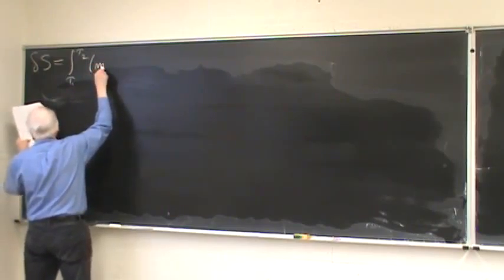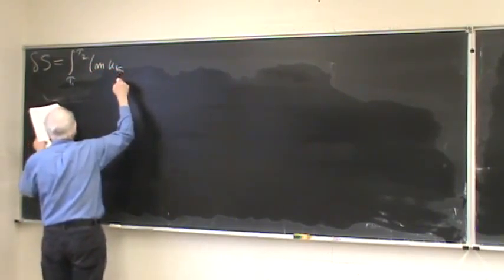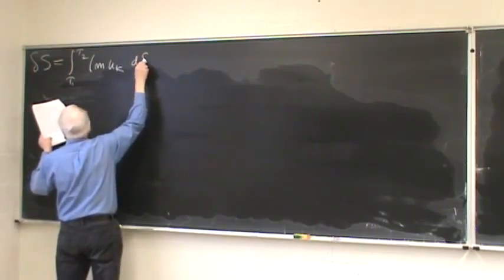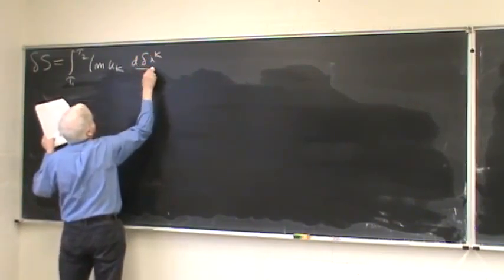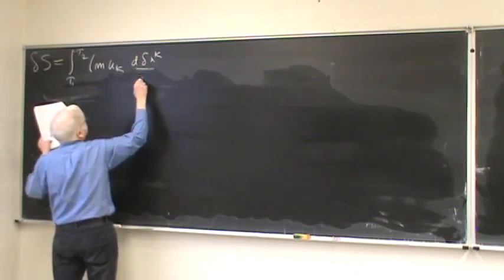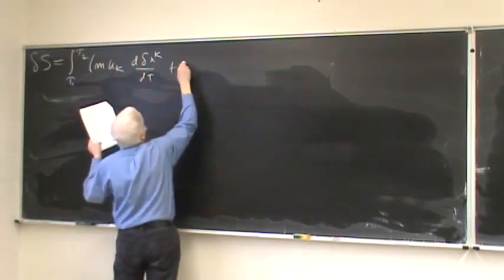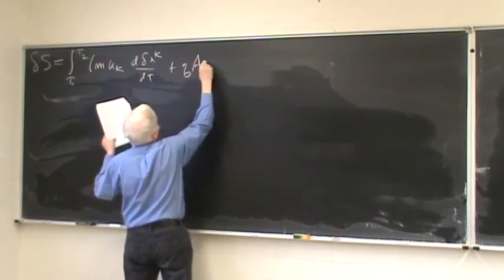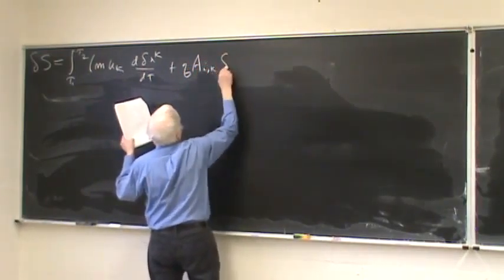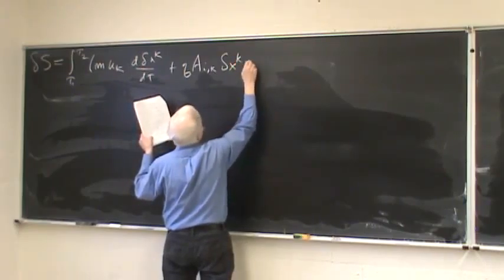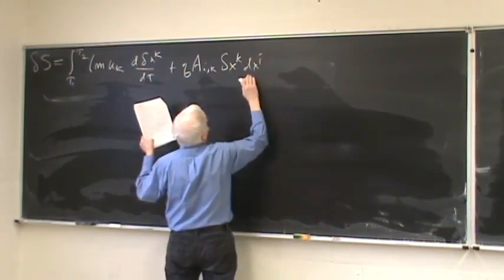Putting things together, we have the change in S is an integral, and we're really going from one proper time point to another. And this change looks like this: m u_k d change in x^k over dτ plus q A_i comma k change in x^k dx^i over dτ.